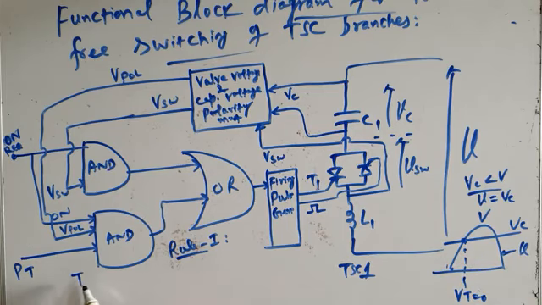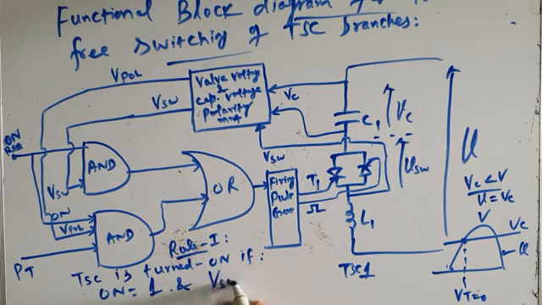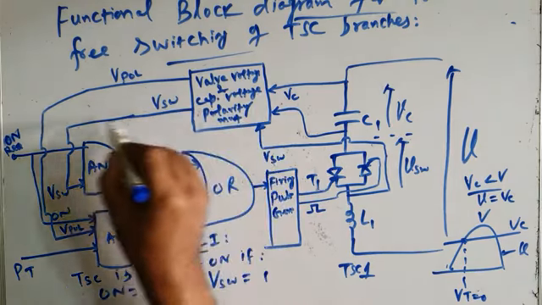Okay, so therefore rule 1 is followed by this functional block diagram like this. Rule 1, TSC is turned on if on request is equal to 1, that means this request is equal to 1, and VSW is equal to 1, that is output of this block is equal to 1.